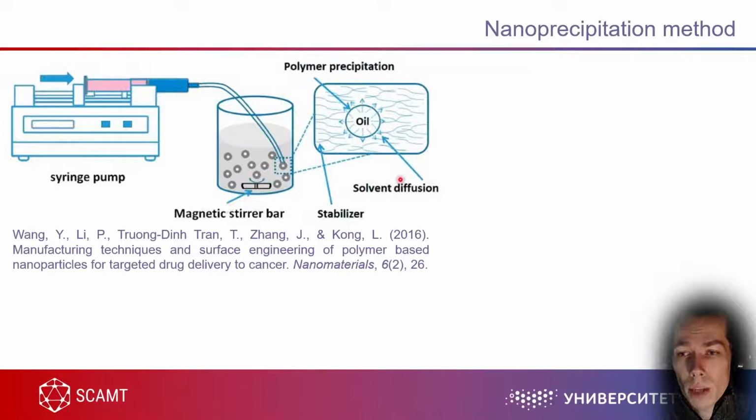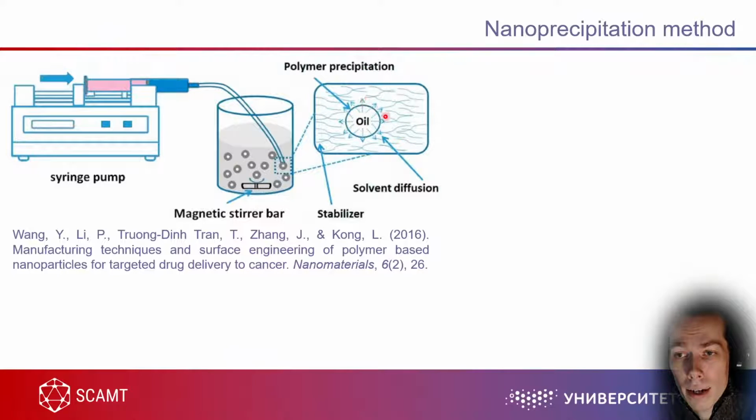So you have, again, some border between two phases, like an oil phase and a solvent phase. And when you drop some of your reagent in this mixture, for example, you have oil here and you have solvent here, some of the solvent will diffuse and the oil will diffuse, and on the border between these two phases, when you have, for example, a polymer dissolved in your oil, the polymer will precipitate.